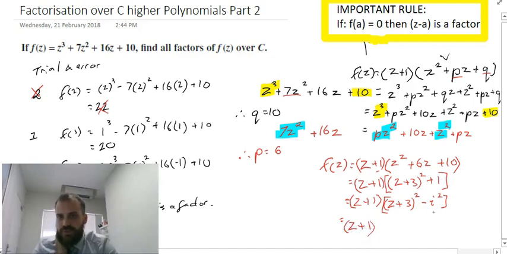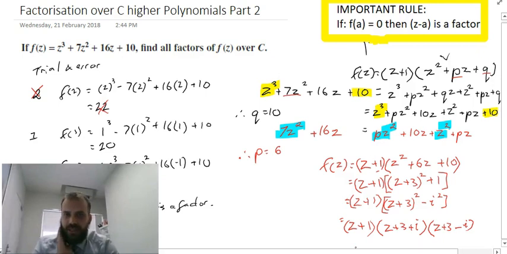This is going to be a difference of two squares, so it's going to end up being z plus 1, z plus 3 plus i, z plus 3 minus i. Alright, we're all factorized here, that's the end of the game.